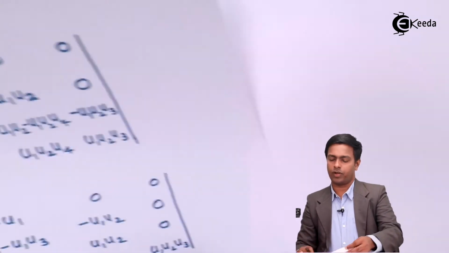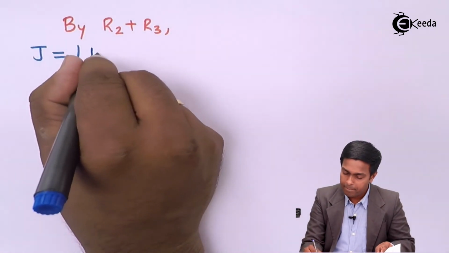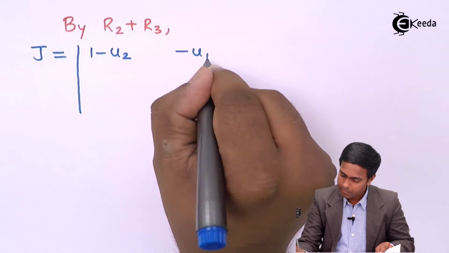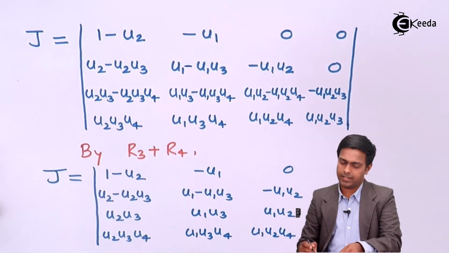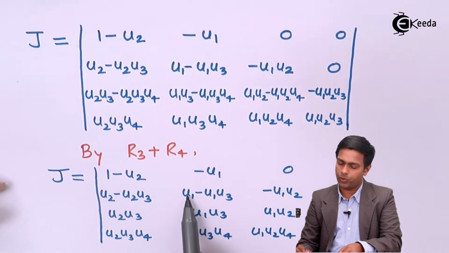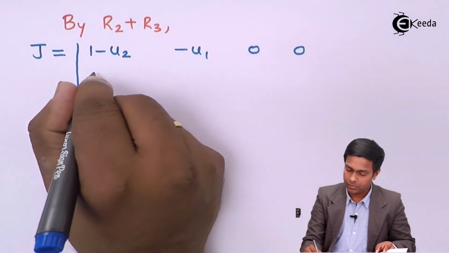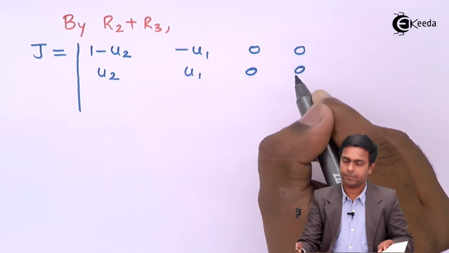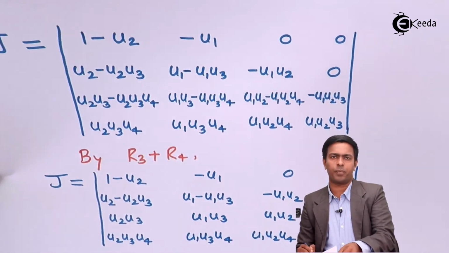So now guys, row number 1 will remain as it is. Next, by adding R3 to R2, here we'll just get u2, here we'll get u1, here we'll get 0 and 0. Next, the third and fourth rows will remain the same, so I'll copy them down.